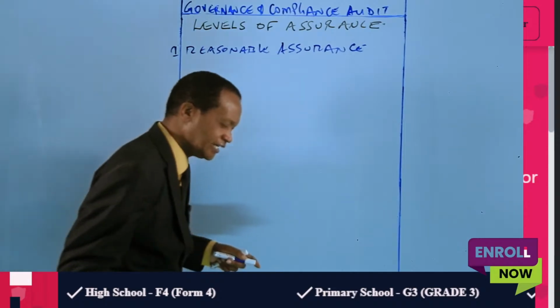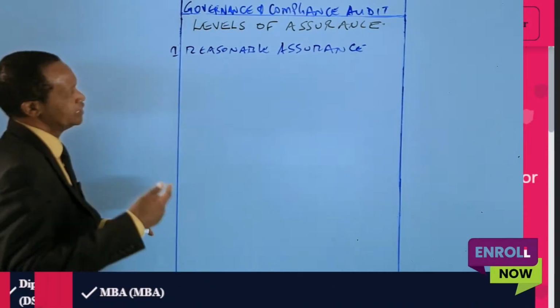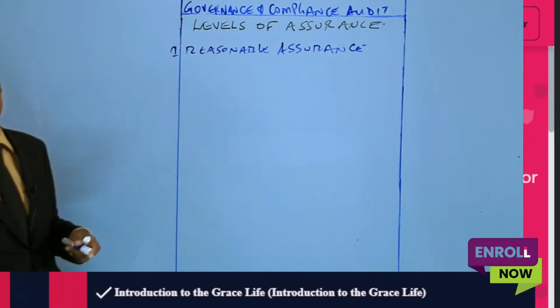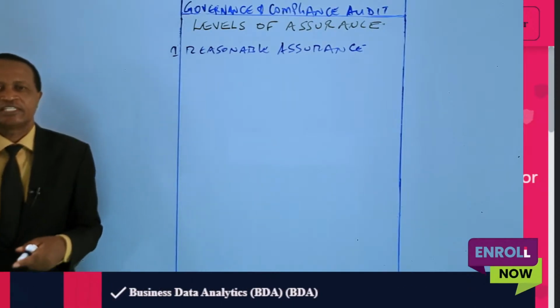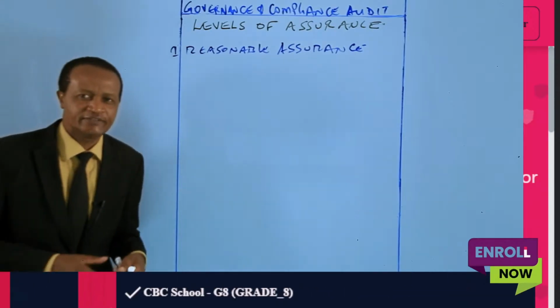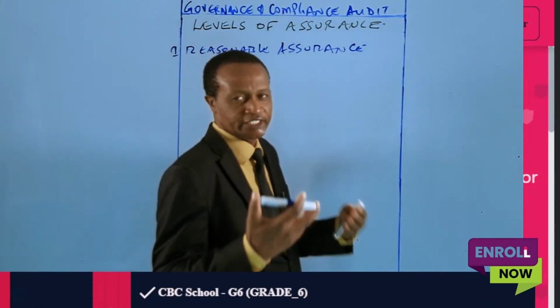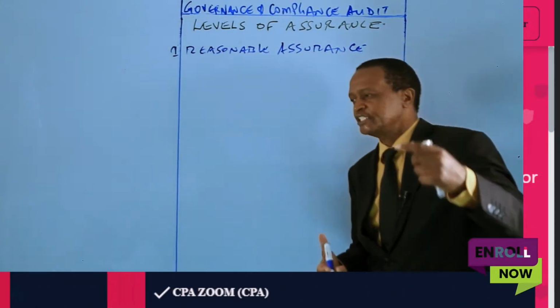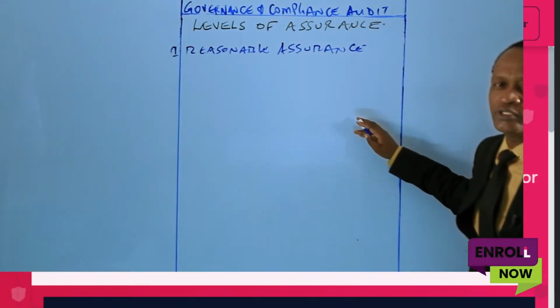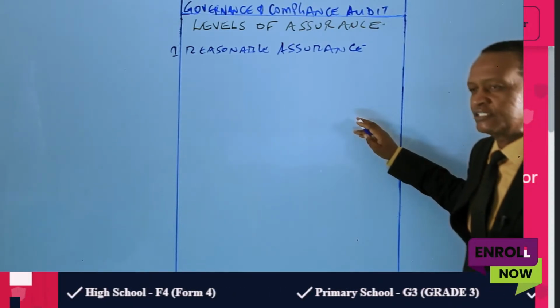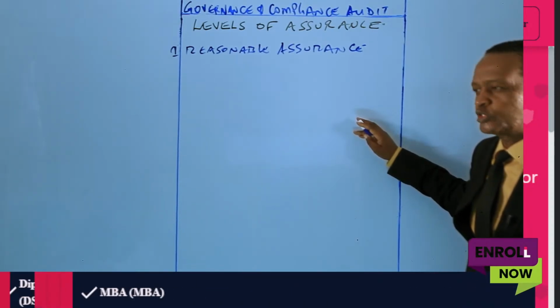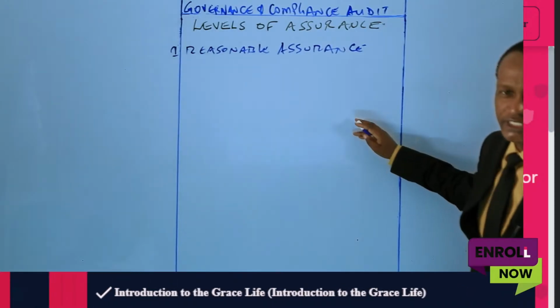It is a high level assurance. A reasonable assurance is a high level assurance. And this level requires extensive and rigorous procedures. The audit team must perform detailed testing. It has to do substantive procedures.